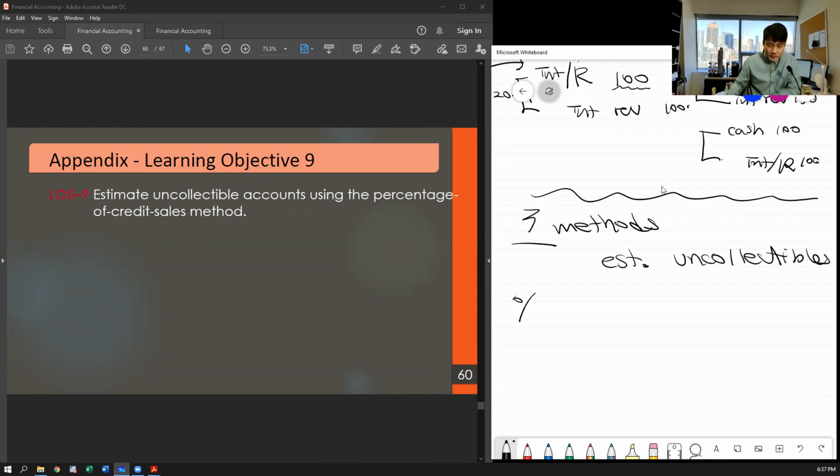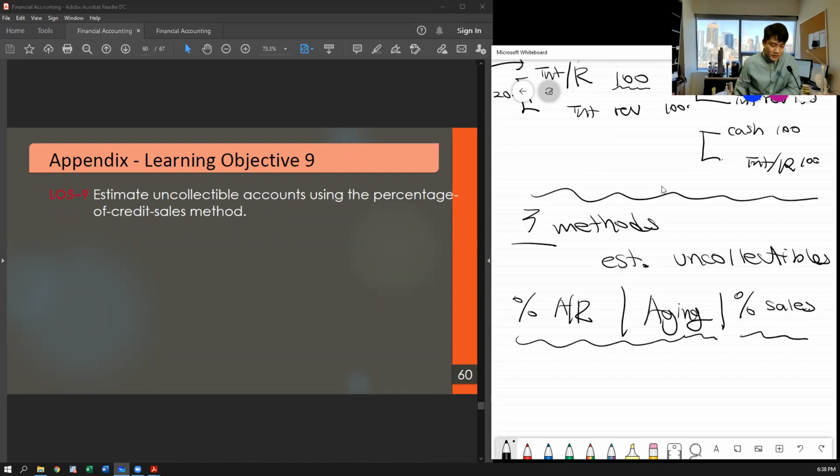The first one is the percentage of accounts receivable method. The other method was the aging method. And as an appendix, we also discussed the percentage of sales method. These two are pretty much similar, but this one is different. So make sure that you understand the major difference between the balance sheet approach and the income statement approach.